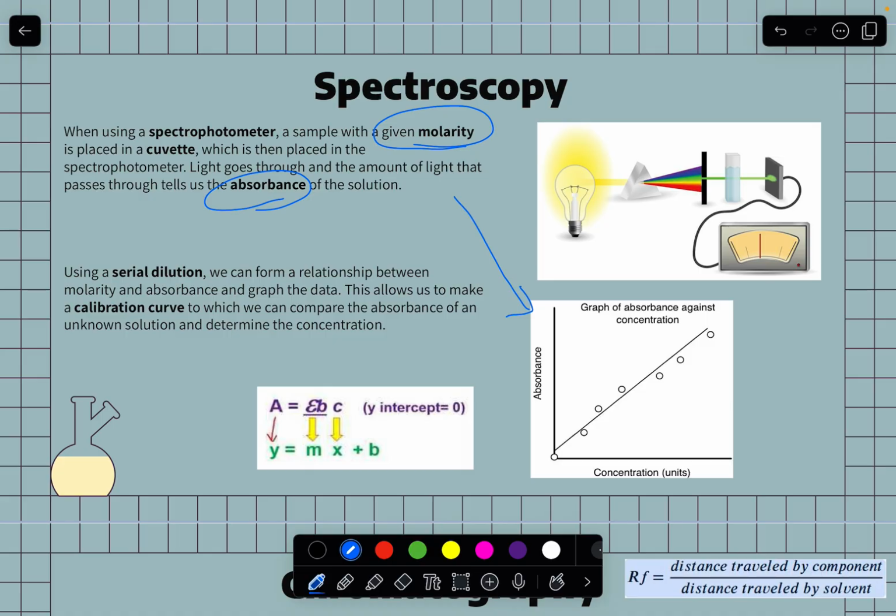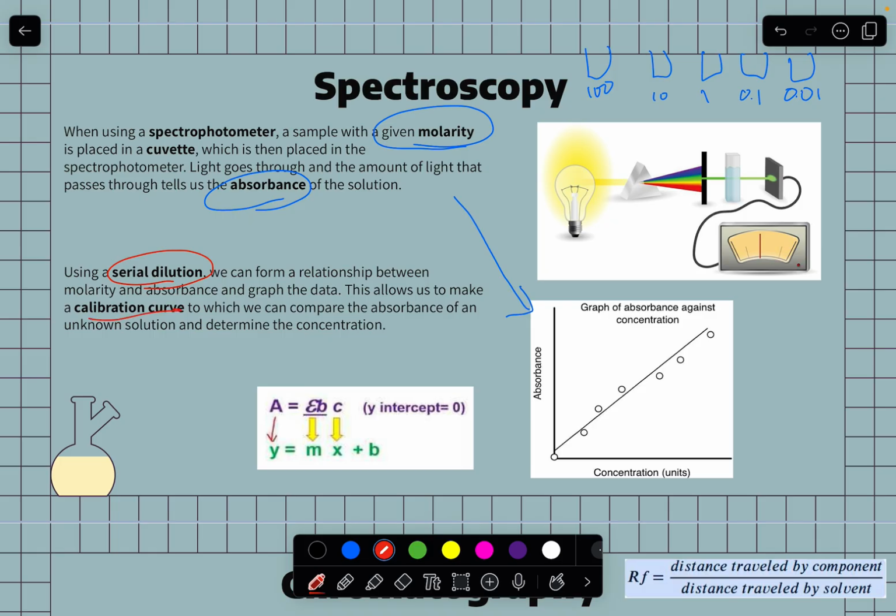Remember when I talked about the different containers, the dilutions, where it started off with a molarity of 100, molarity of 10, 1, and so on, getting smaller and smaller. That was called the serial dilution. So we can use a serial dilution to make this graph, and that makes a calibration curve.